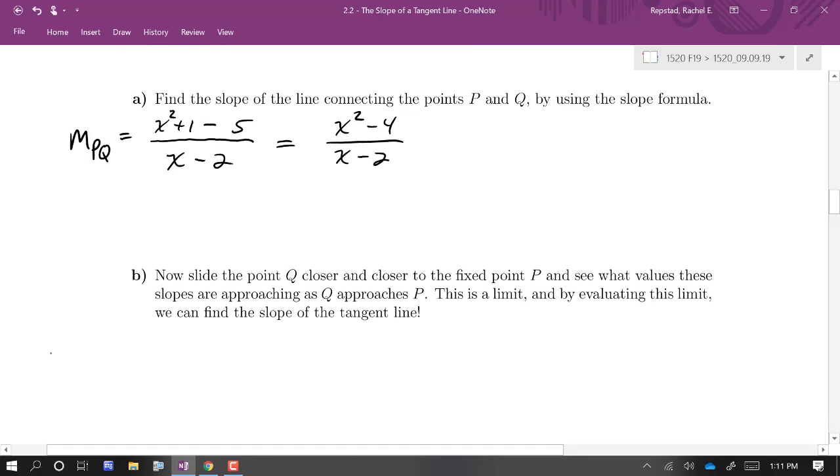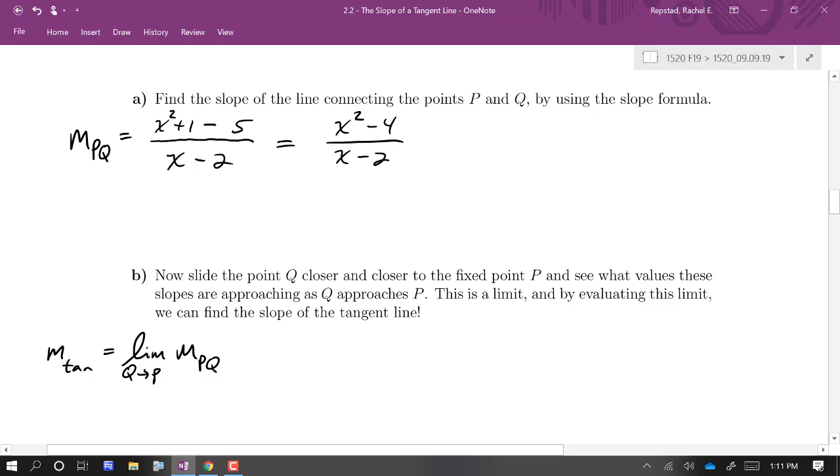This tangent slope, which I'm going to call m tan, is the limit, I'm going to write it this way first, as Q approaches P of the slope m PQ.